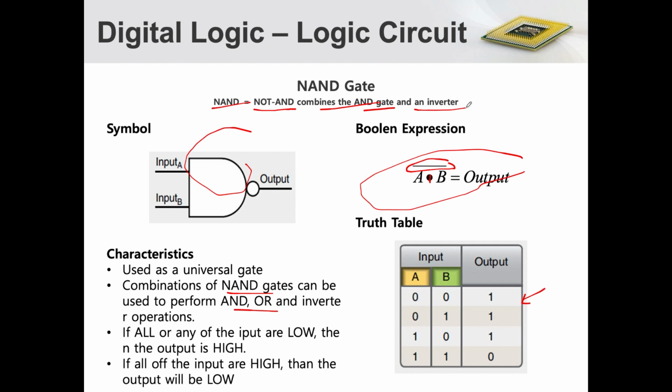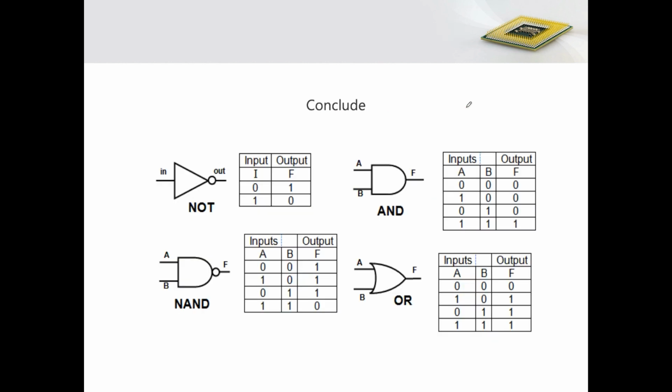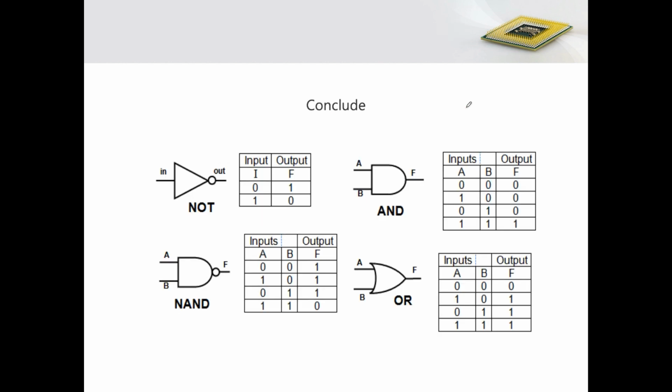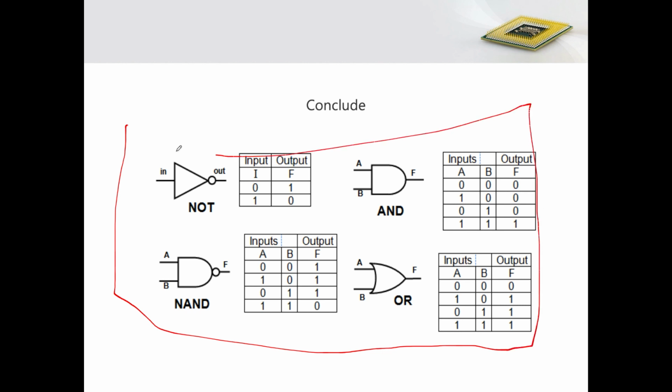That's why it is the inversion of the AND gate. I'm not going to show you NOR, which is the combination of OR and NOT gate. So this is how I conclude on NOT, NAND, and OR.